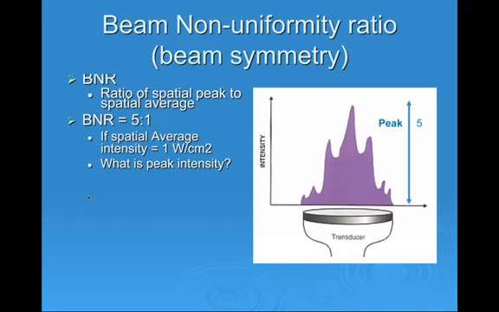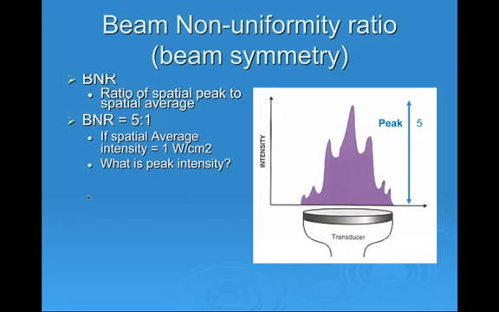So if we take 5 times that 1 watt per square centimeter, just reading that off of our meter, well, we have a peak out there somewhere in our beam that's 5 watts per square centimeter. And if you've ever done an ultrasound, you have never turned an ultrasound up to that kind of intensity. You're going to burn someone.